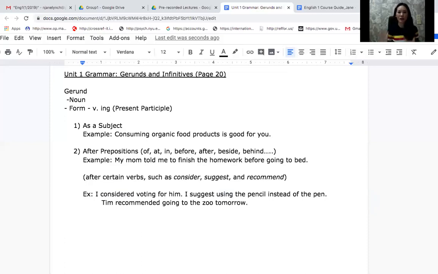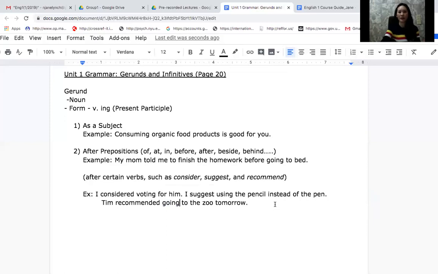So Tim recommended. The verb after recommend, the grammar says you have to use gerund. So recommended going. You don't say recommended go, or you don't say recommended to go. That's wrong. So it's a gerund, so add ing. Tim recommended going to the zoo tomorrow.